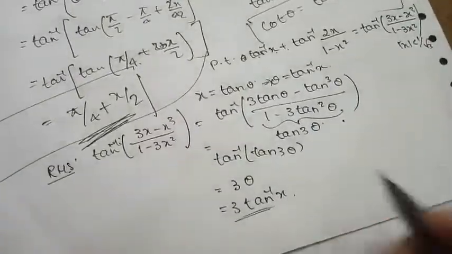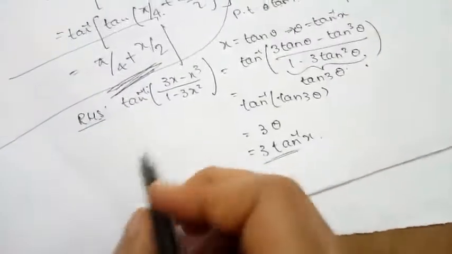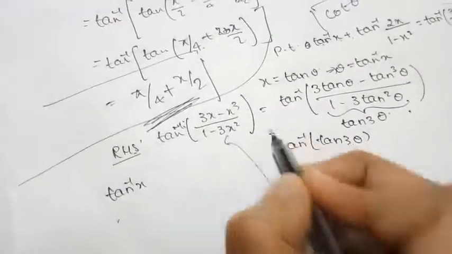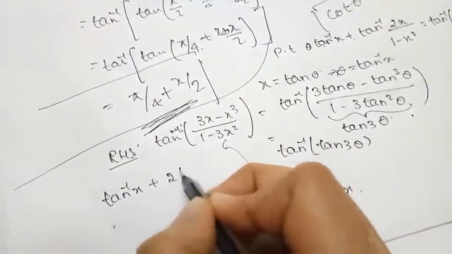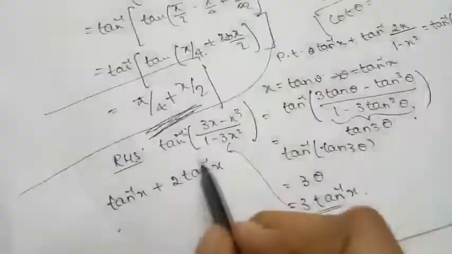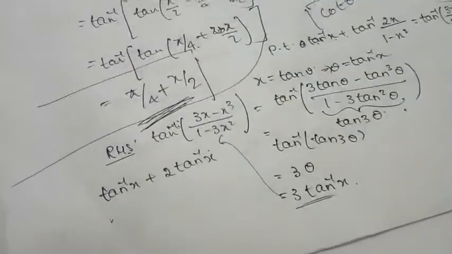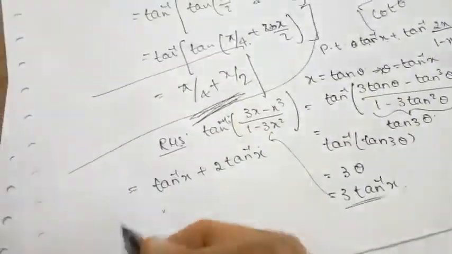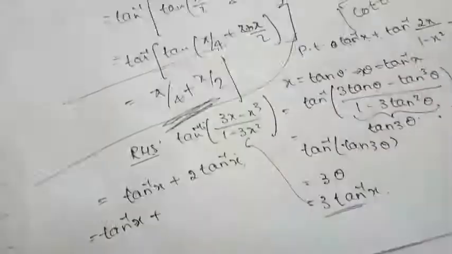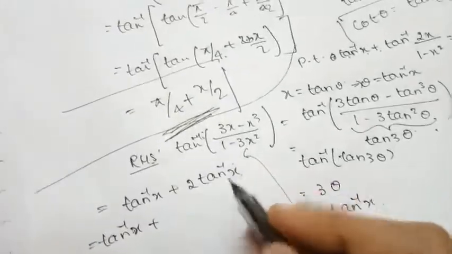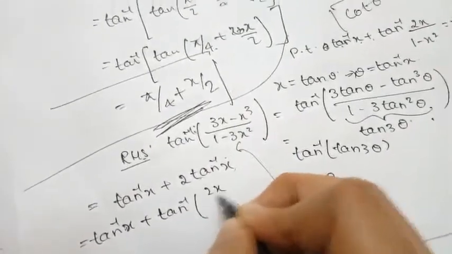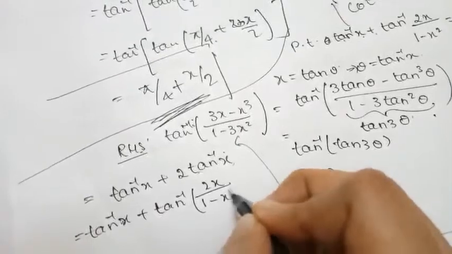So how can I reduce this one? I can write 3 tan inverse x as tan inverse of x plus 2 tan inverse of x. I can write this like this, right? Because 2 tan inverse x plus tan inverse x is 3 tan inverse x. And tan inverse of x, I kept it as it is. We came across the formula of 2 tan inverse x. What is that? 2 tan inverse of x is equal to tan inverse of 2x divided by 1 minus x square.